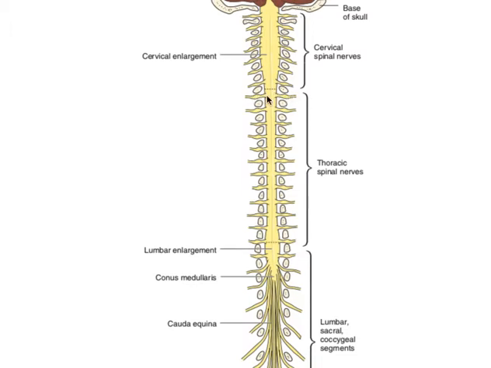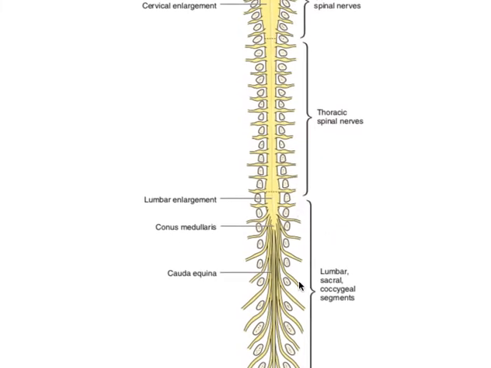Then the 8 would actually be below the C7 vertebra. So there's 8 cervical nerves, and then you just keep on counting down for the thoracic T1 through T12 nerves, and then lumbar, L1 through L5 nerves.